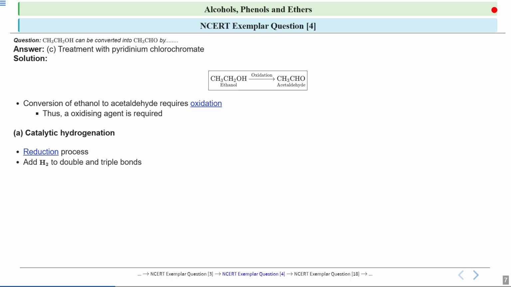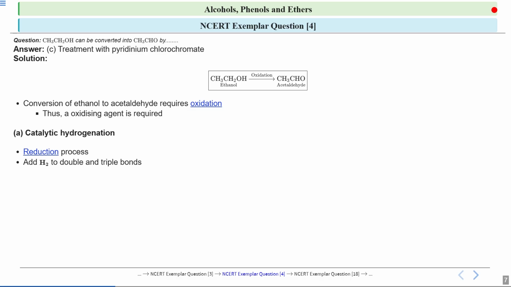What is happening in catalytic hydrogenation? It adds H2 to double and triple bonds. So hydrogen molecules are added to double and triple bonds. This process is used to convert unsaturated compounds to saturated ones, like turning alkenes to alkanes.